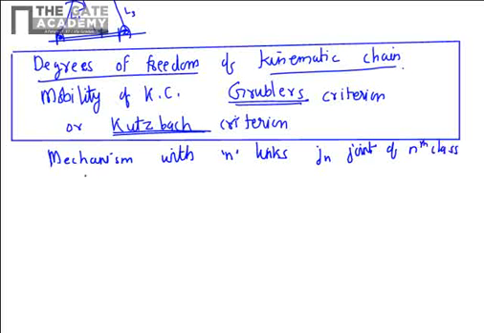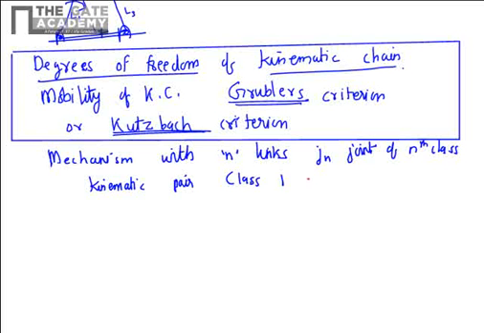So if you recall, a little back in our lecture, the joints or kinematic pairs are classified in terms of how many degrees of freedom they are constraining.